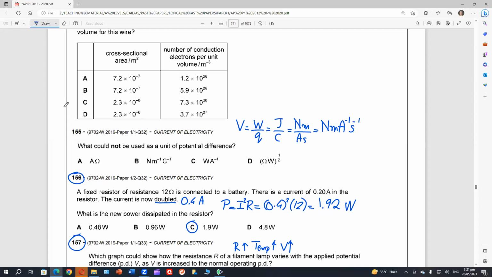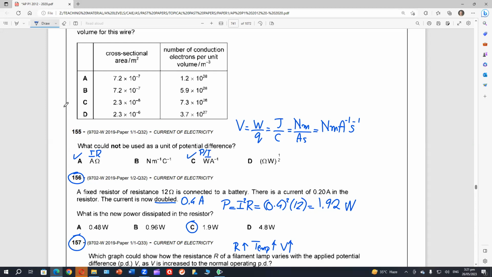which formula cannot be used? Ampere into ohm means I into R, which is correct. Watt per ampere, power upon current, that's also right.